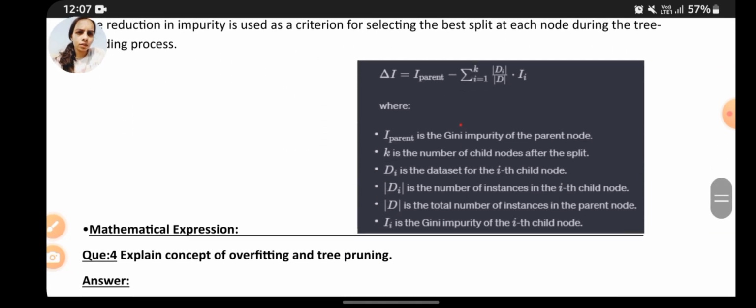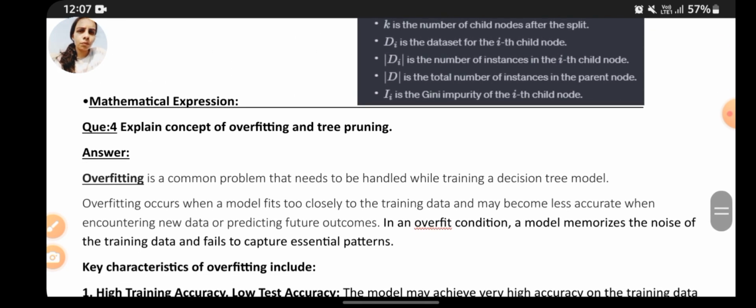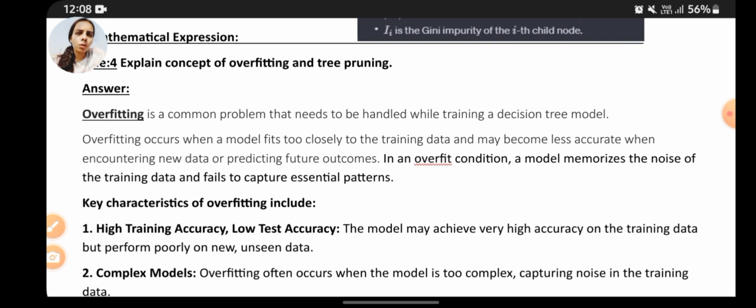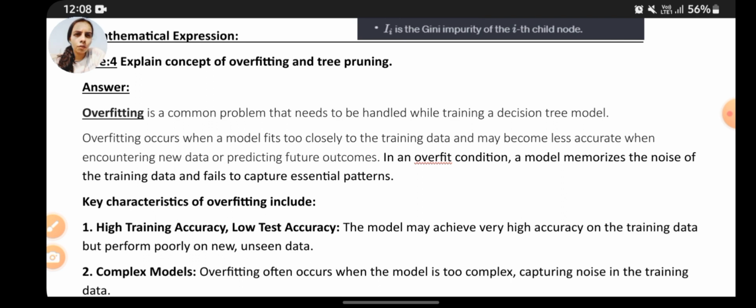Lower Gini impurity indicates a purer node, as we discussed before. Lower entropy signifies a more organized, pure node. Classification error, like Gini impurity, lower classification error indicates a purer node. The reduction of impurity is used as a criterion for selecting the best split at each node during the building process.